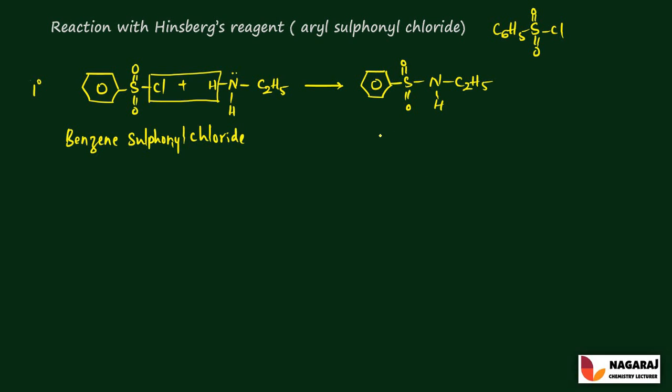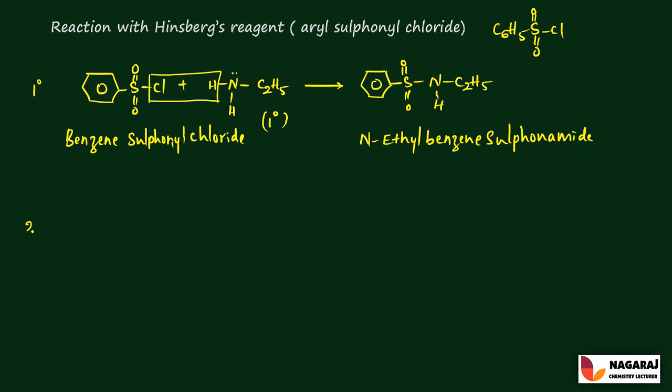So the obtained product is called as N-ethyl, that is ethyl group attached to the nitrogen, and there is one more substituent group, that is benzene, and SO2NH is written as sulfonamide. When Hinsberg reagent, that is aryl sulfonyl chloride or benzene sulfonyl chloride, reacts with the primary amines, it gives the N-alkyl benzene sulfonamide.